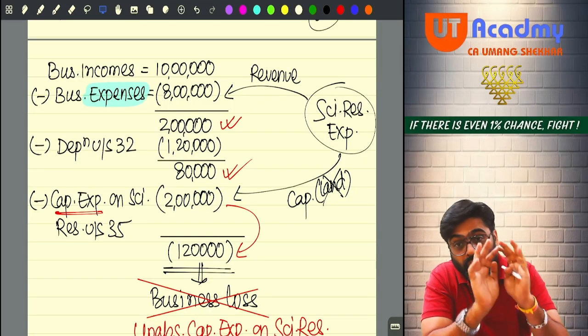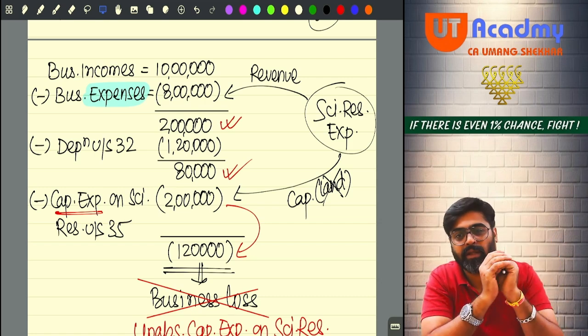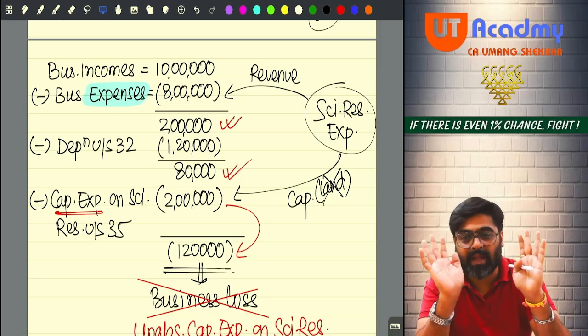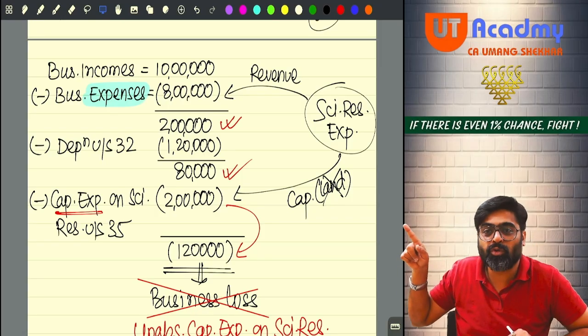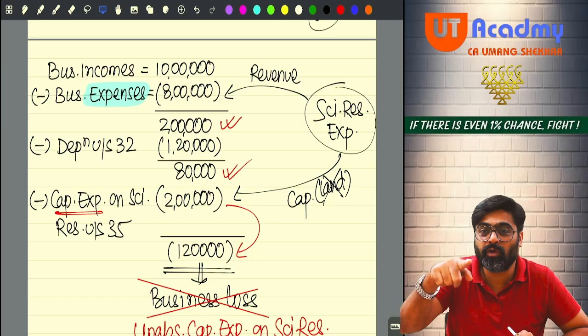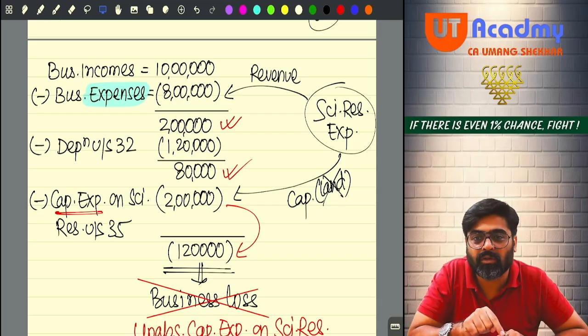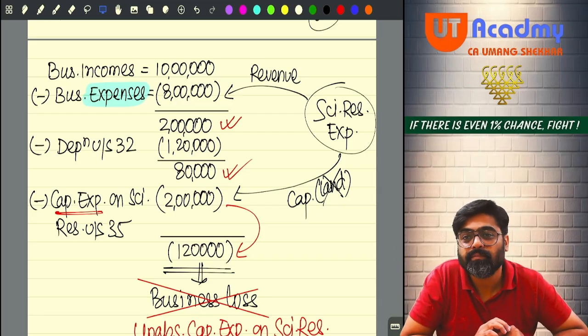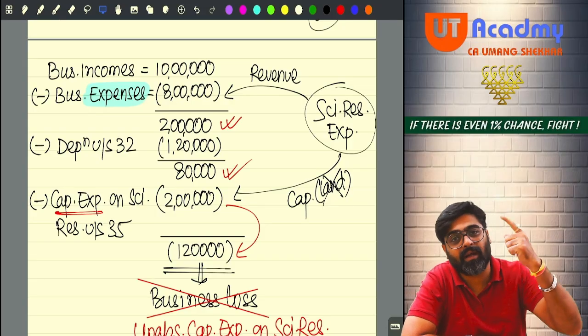Knowing that it will result in losses only, we are not that mad that we will give you the set off of this loss against those profits on which you are going to pay tax to us. We will not allow this loss to be set off against any other business profits. So do you have any other specified business?